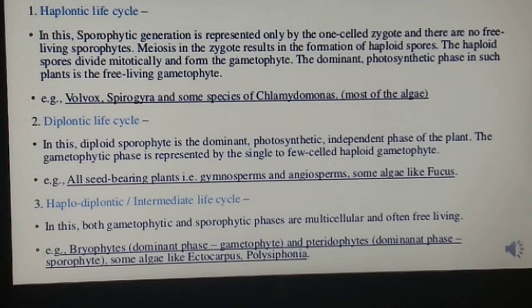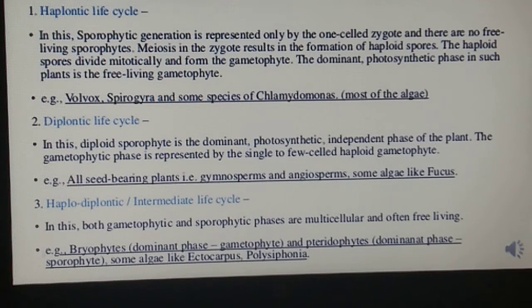For example, all seed bearing plants, gymnosperms and angiosperms, and some algae like Fucus. So it's very simple, students. If the dominant phase is the free living gametophyte, then it is said to be haplontic. If the dominant phase is the diploid sporophyte, then it is diplontic.